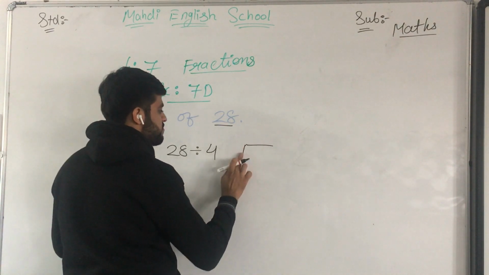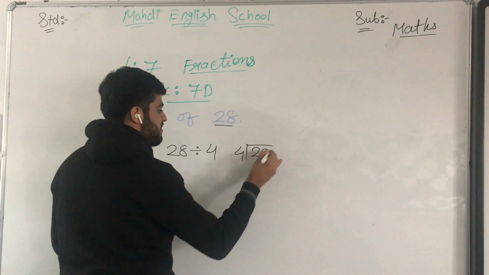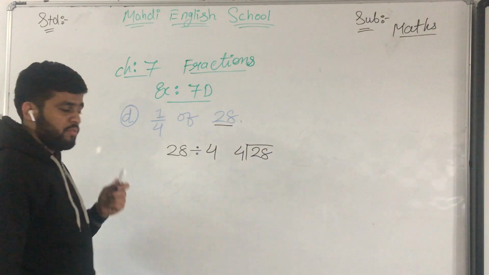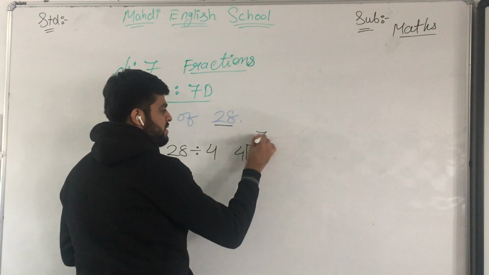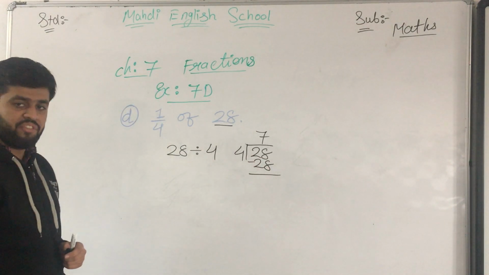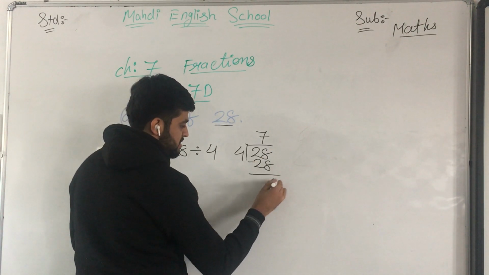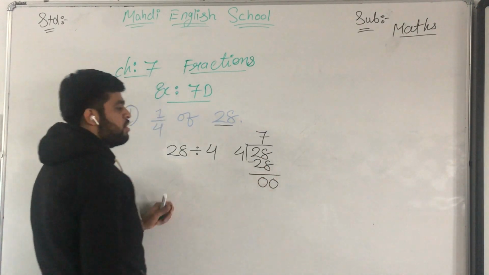So what? 4 sevens are how many? 28. 28 minus 28, otherwise 8 minus 8, 0. 2 minus 2, 0.